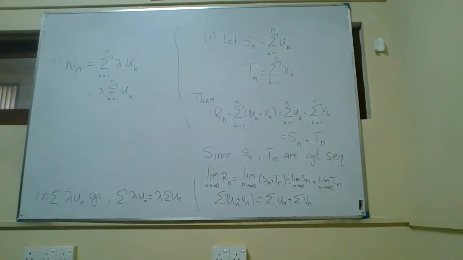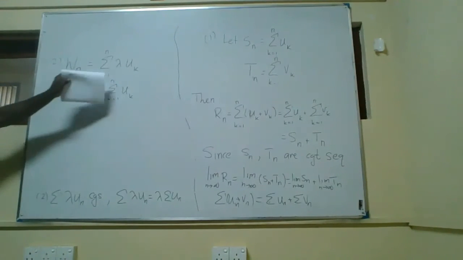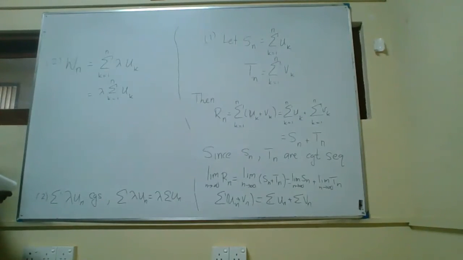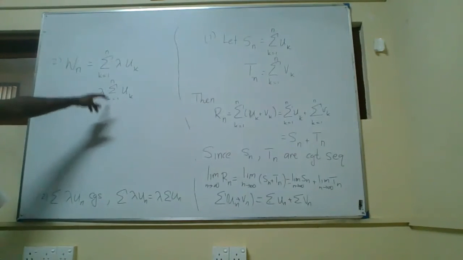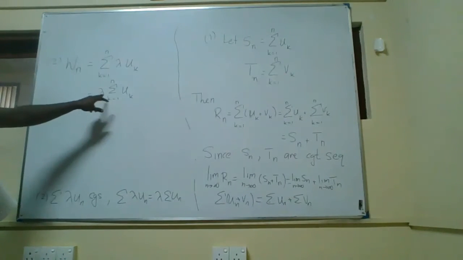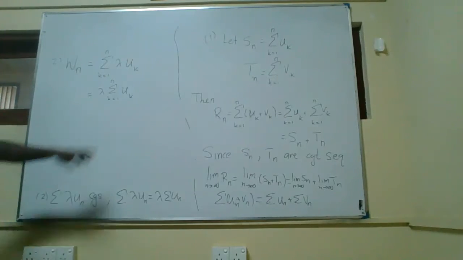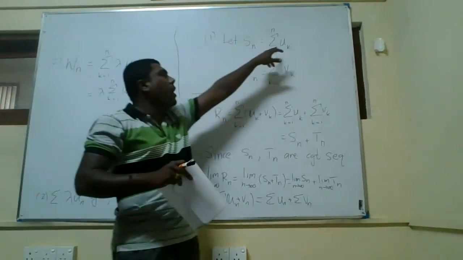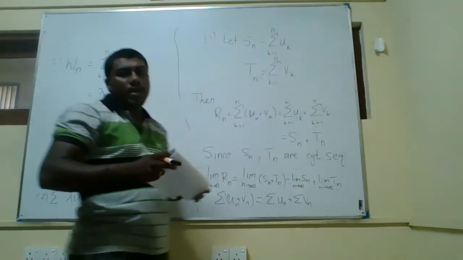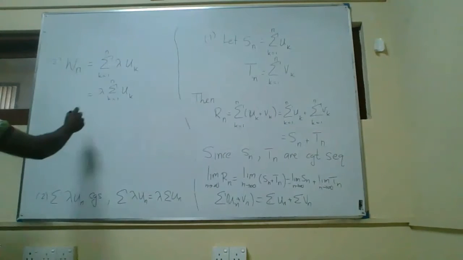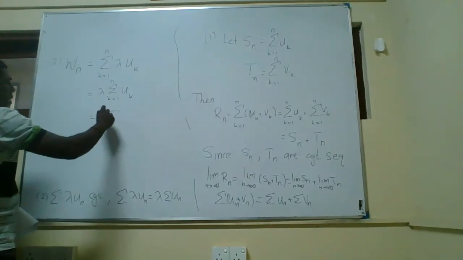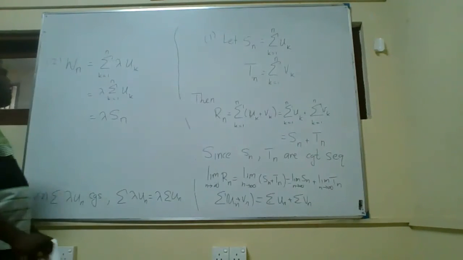Let me use a new notation: Wn is the partial sum of lambda uk, right? But for lambda uk, you can take the lambda out, so lambda times summation of uk. But you have summation of uk as Sn here. So you can say this is lambda times Sn.